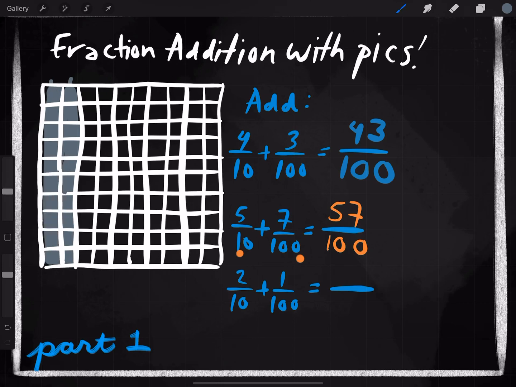And then I'll just color in one more square. And so I have 21 out of 100 boxes shaded. So if you wanted to draw a picture or just think about the picture when you're solving this, you can always do that. A picture will always help you.